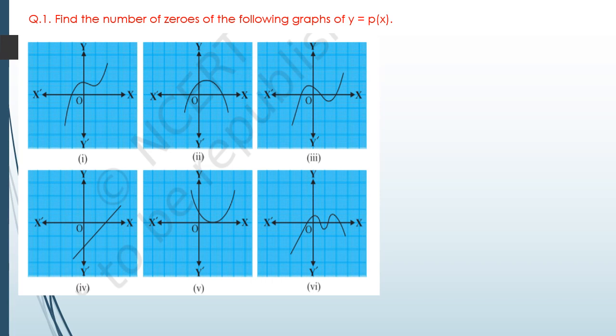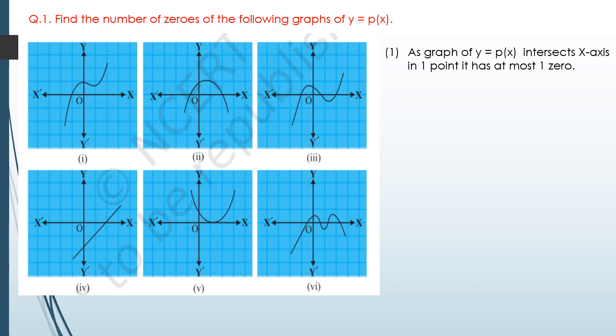We are not at all going to consider the point of intersection of the graph with the y-axis; that is another thing you have to remember. If we are given a polynomial p of x, to find the number of zeros from the graph, we just consider the points of intersection of the given graph with the x-axis only. So the answer of the first one: the graph of y is equal to p of x intersects the x-axis in one point, so it has at most 1 zero.